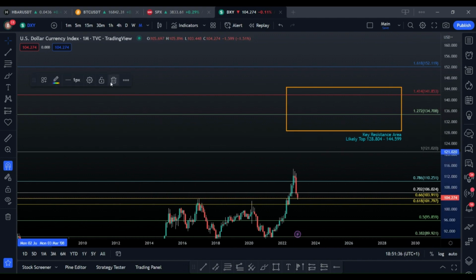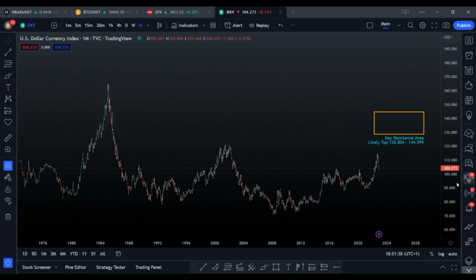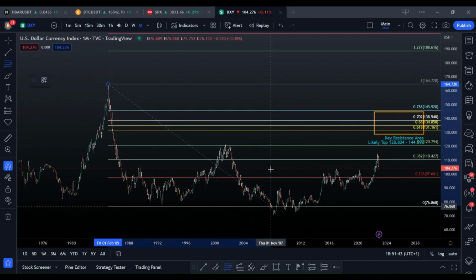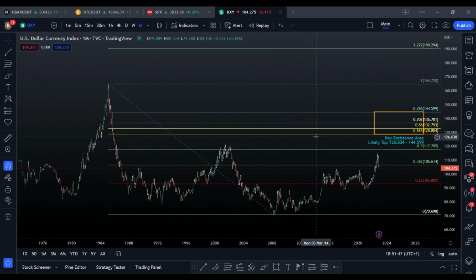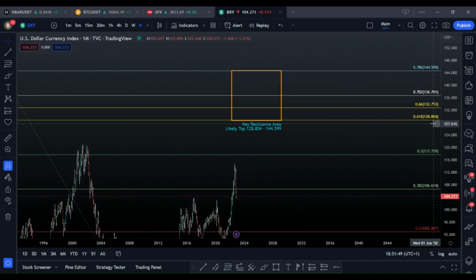And also another confluence area, if we zoom out further and take our fibs from the high of 85 to the lows of 2008. We can see right here, as I said before, the golden pocket fibs, 0.618 and 0.66 golden fibs right here.